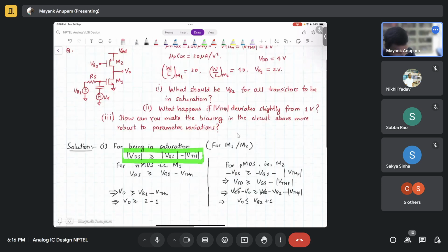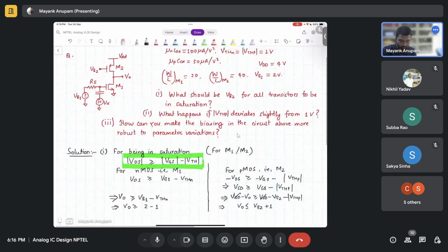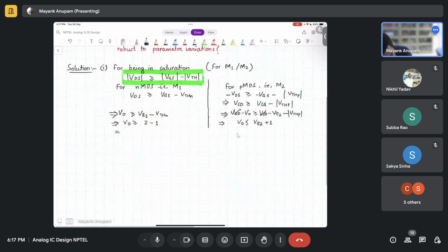Isn't it? Now tell me, what do I do? Do I have anything else that I can do? How will I find out Vout? I need some way to relate. Vout has to be greater than or equal to 1 volt, so that much I know.